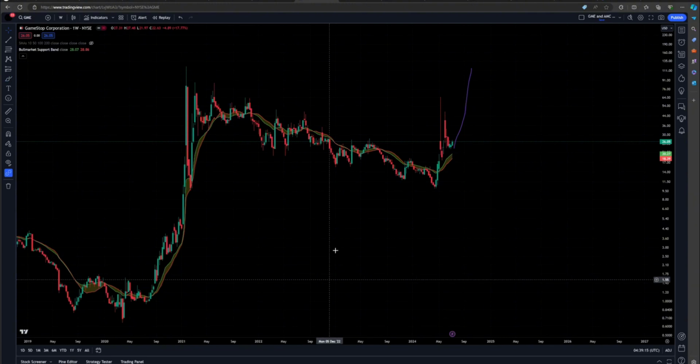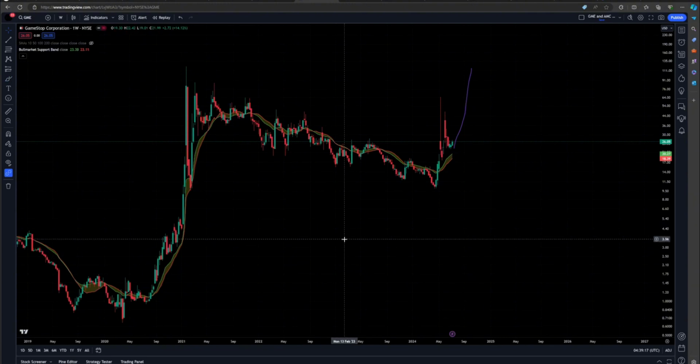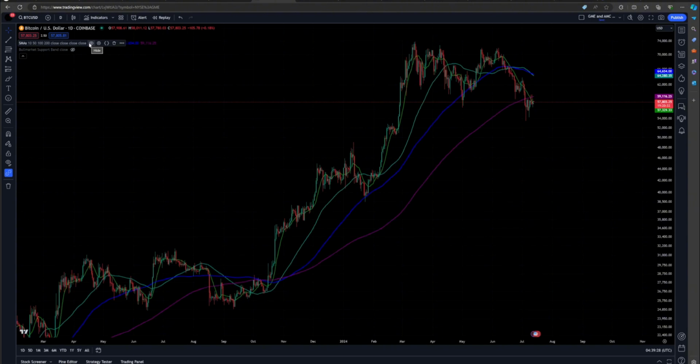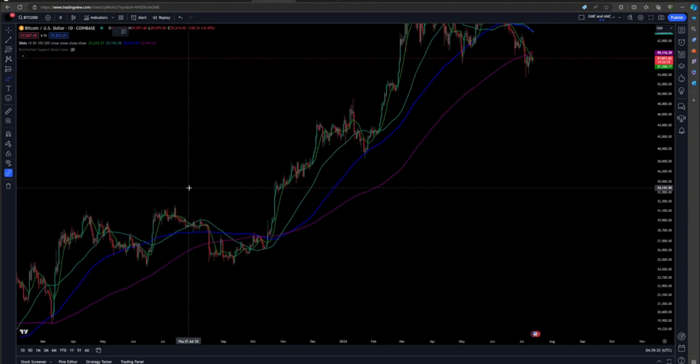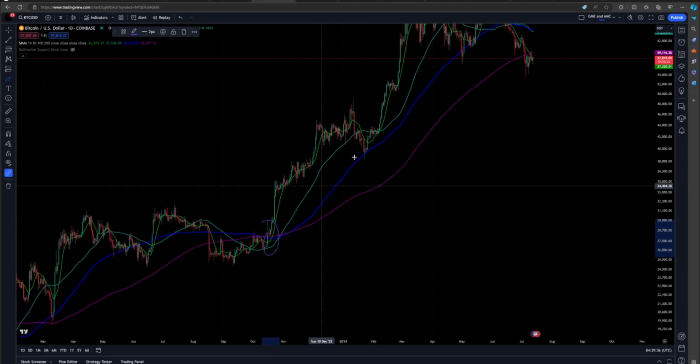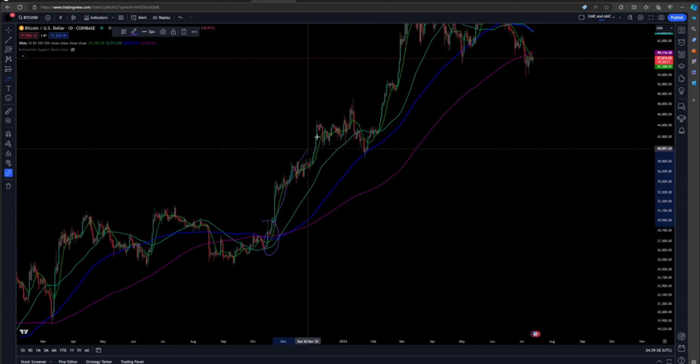Now, to finish off the video, maybe you're thinking to yourself, hey, that's kind of neat, but this could just be BS. Well, let's look at some other assets. Let's put the SMAs on Bitcoin. As you can see here, when Bitcoin broke through all of its SMAs, it started riding them to the upside.